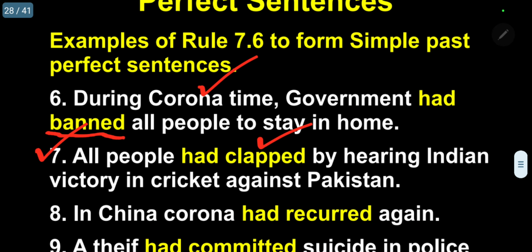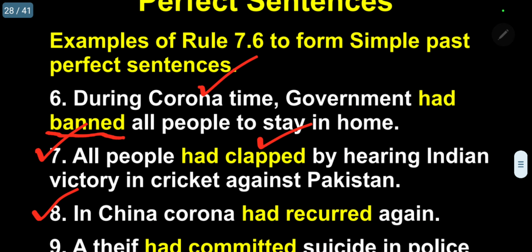So here is interesting information: two days before I am recording this chapter, India won the T20 world cricket match against South Africa.